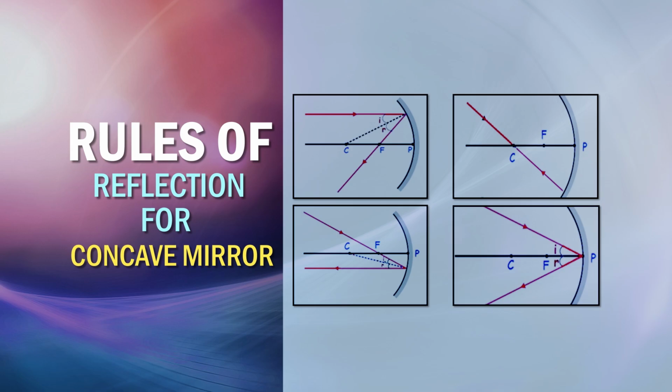And if a ray is coming at the normal, then the angle of incidence and angle of reflection will be the same, and it will return with the same angle on the opposite side of the principal axis. So if you explain these rules of reflection, my suggestion is to use a concave mirror and a convex mirror.